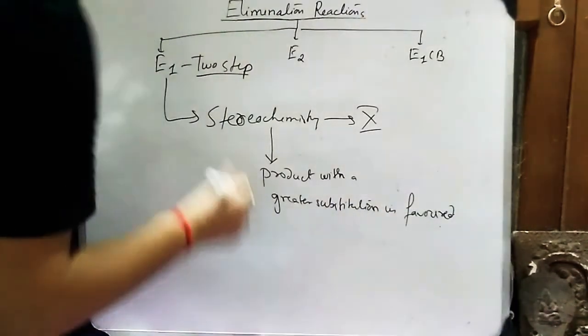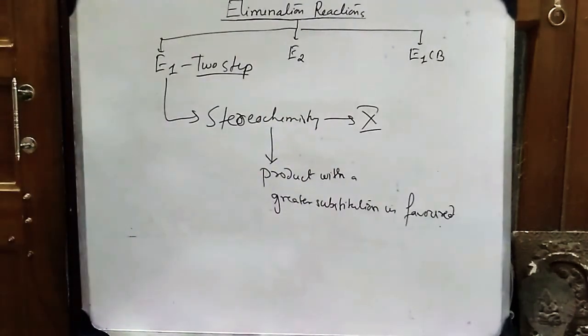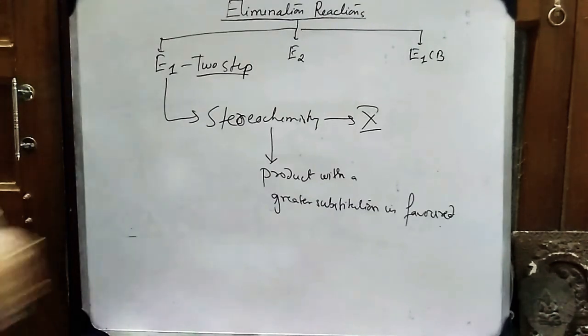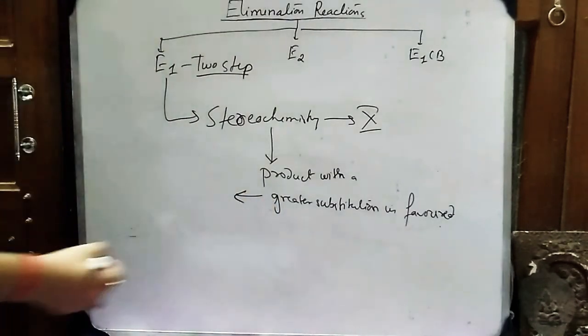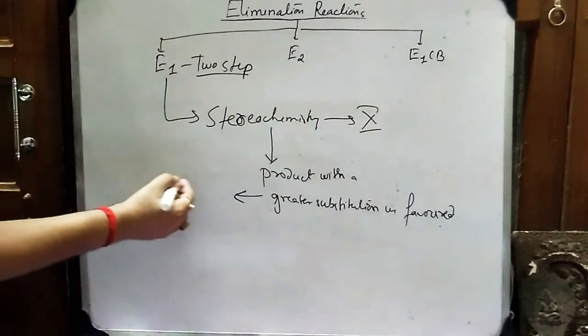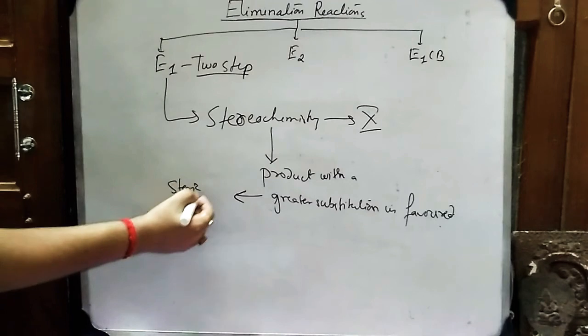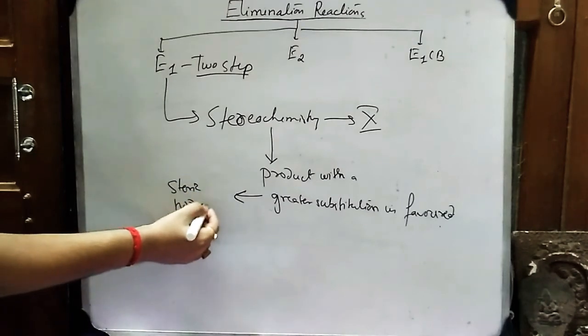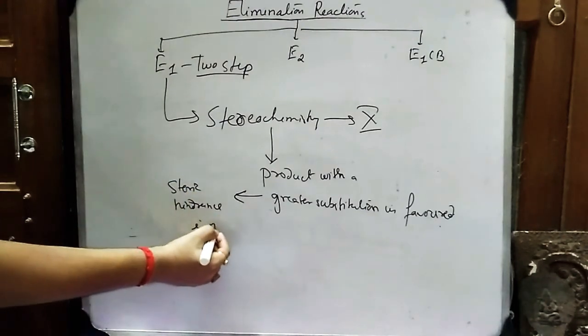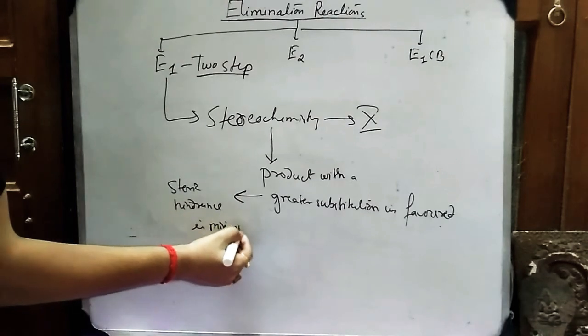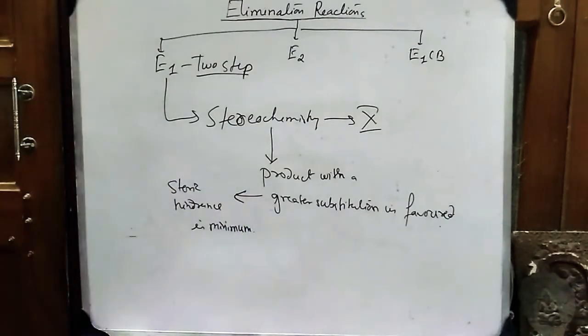There is no requirement of stereochemistry, but sometimes the reaction favors the formation of a product with greater substitution, and also a formation where steric hindrance is minimum. So these two are the stereochemical requirements of the E1 reaction.